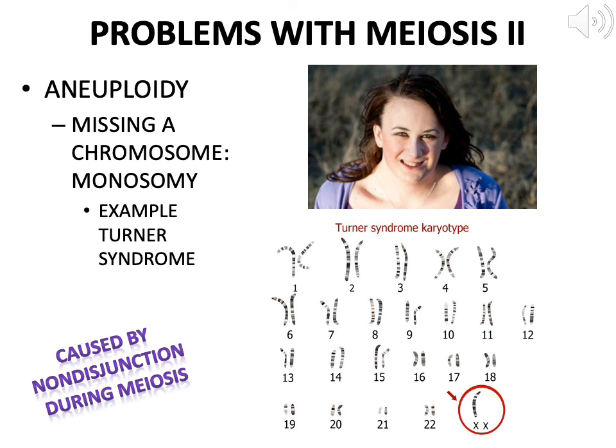Aneuploidy, either extra chromosomes or missing chromosomes, and make sure you associate these different disorders with that. Down syndrome, having an extra chromosome. Klinefelter syndrome, having an extra chromosome. Turner syndrome, missing a chromosome.